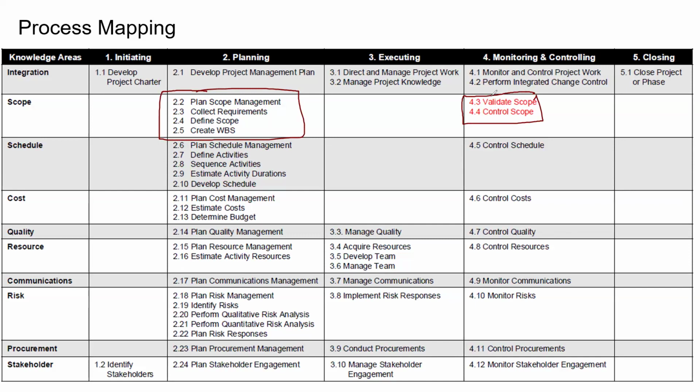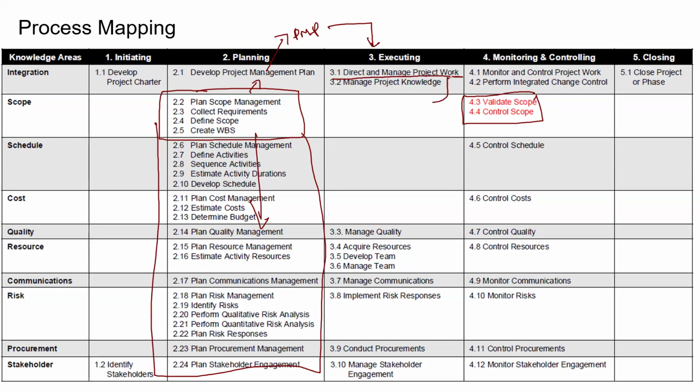But now briefly, I told you at the beginning of this class, after finishing with scope management planning, you will not go for validate or control scope. You will continue with planning processes. At the end of planning, you are finished with all the planning processes. You compile the key outputs into a project management plan, and that is the output which you will be executing in direct and manage project work. One of the outputs from direct and manage project work is deliverables.